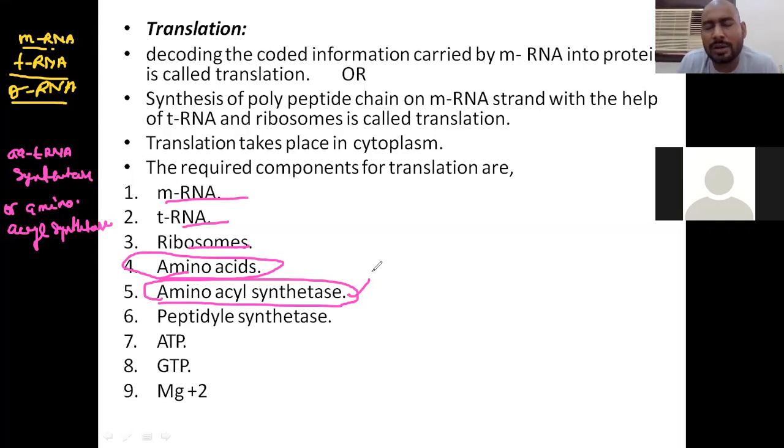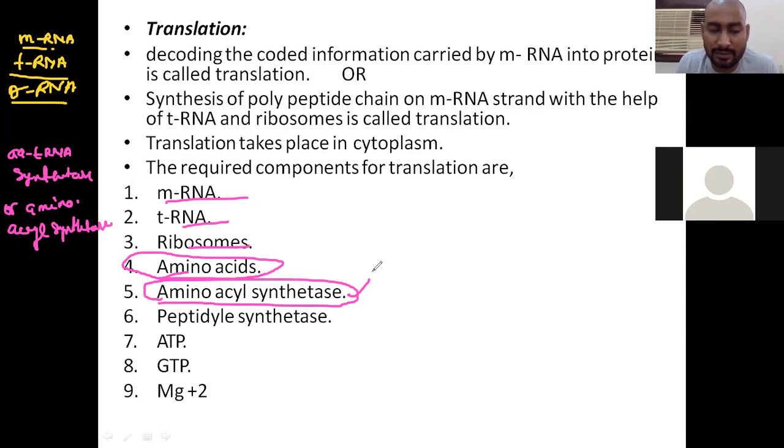This is the large enzyme which plays an important role during the activation of amino acid. Means I told the charging of tRNA. Charging of tRNA means when the amino acid gets attached on the 3' end of the tRNA molecule. Now the tRNA is called the charged tRNA.